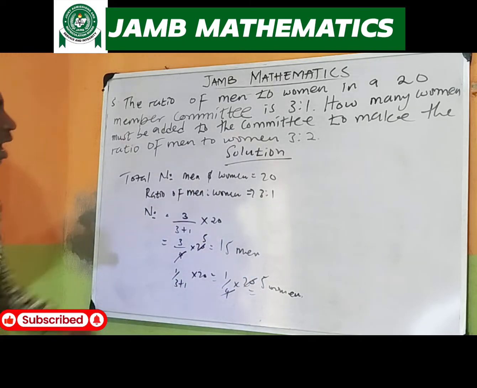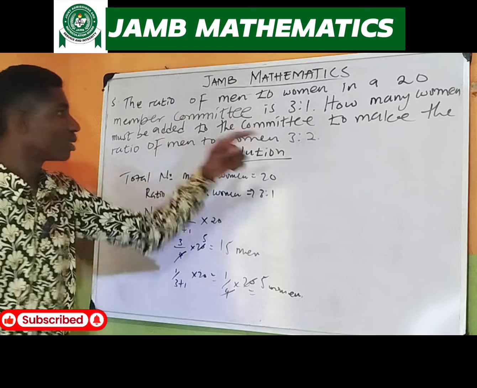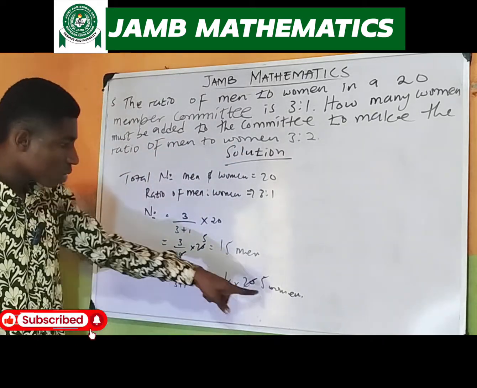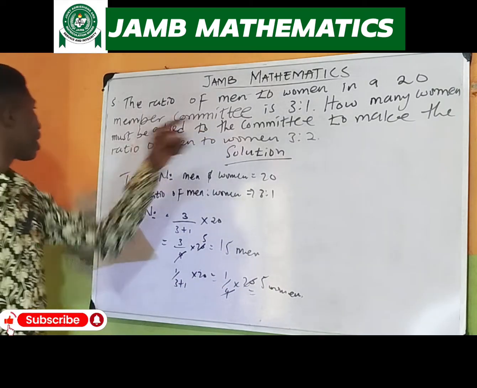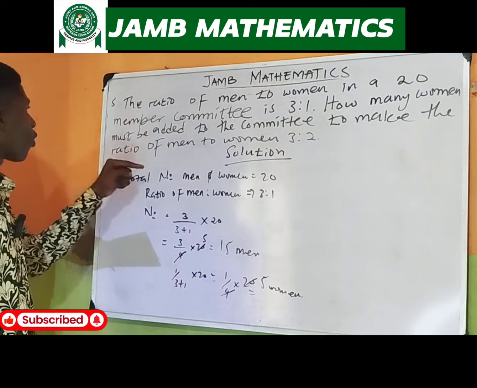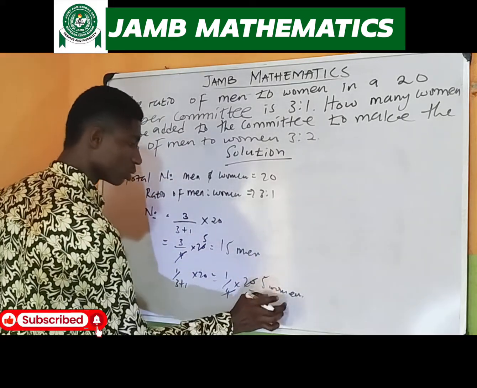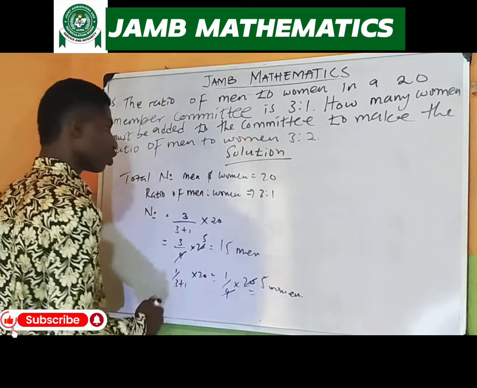The question is now, how many women must be added to the committee to make the ratio of men to women 3:2? How many women must be added to this to make the ratio of men to women 3:2?